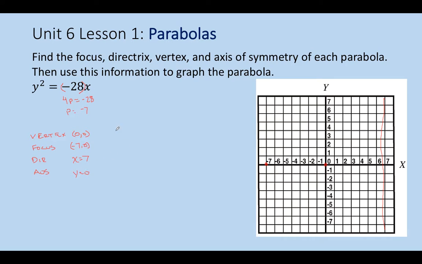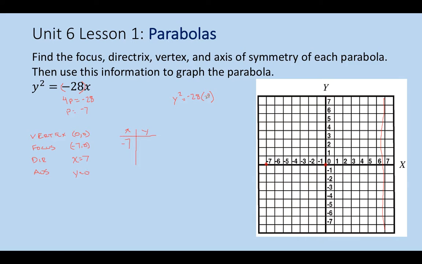Now, let's actually pick some values. Again, I'm going to pick some values for x this time, and I'm going to pick x equals negative 7. So when x equals negative 7, I wind up with y squared equals negative 28 times negative 7.